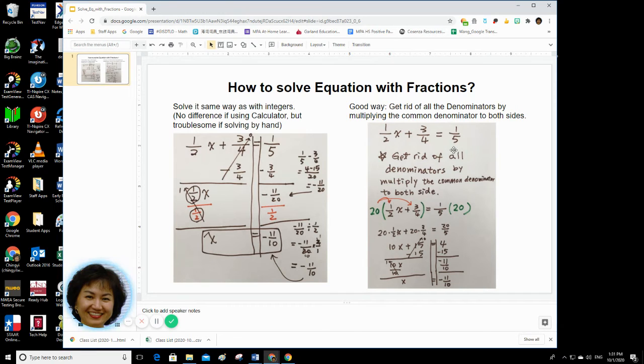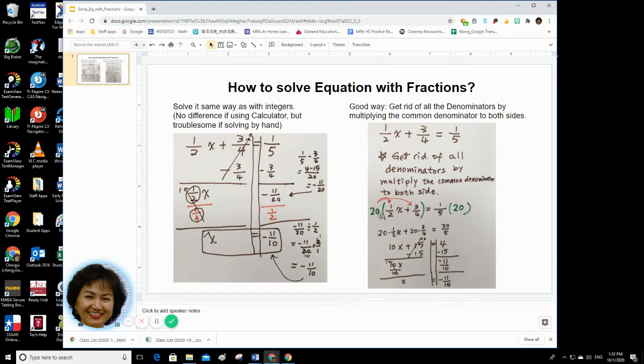And the least common multiple for 2, 4, and 5 is 20. So we just multiply 20 to both sides. When you multiply 20 to both sides, this 20 has to be distributed into this term and this term.